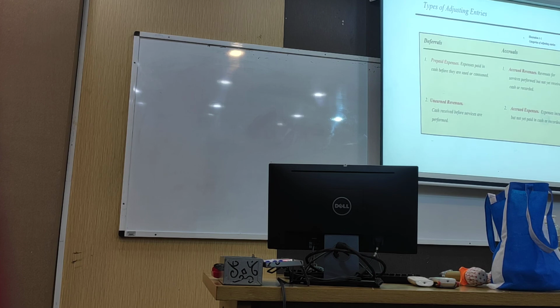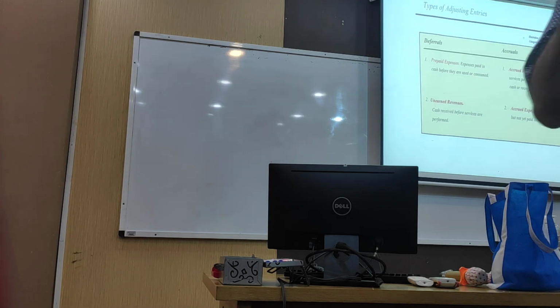Conversely, your accrual. Accrual is cash tomorrow, and revenue or expense is recorded today. So if you can understand this basic concept, you should be able to understand the meaning of adjusting entry.